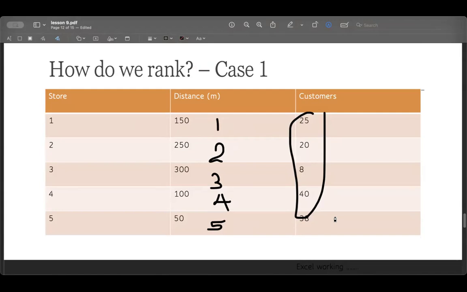So for the differences, we should have 1, 2, 3, 4, 5. Now first we need to calculate the differences.